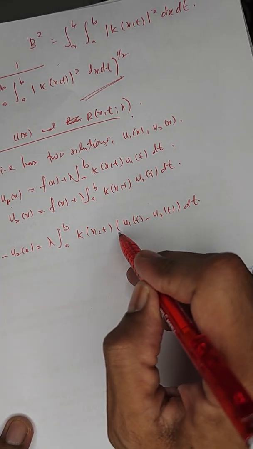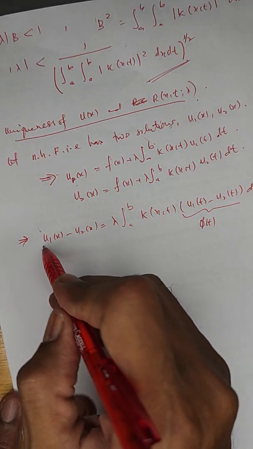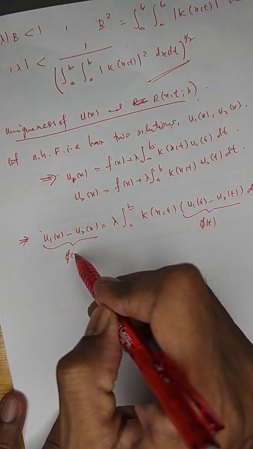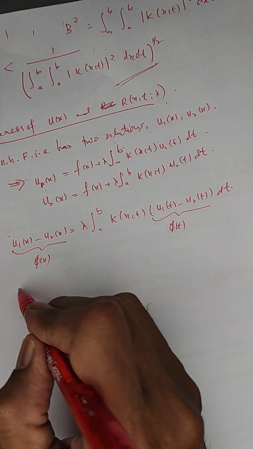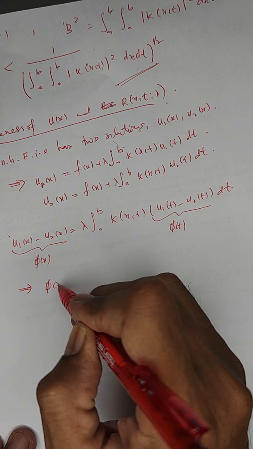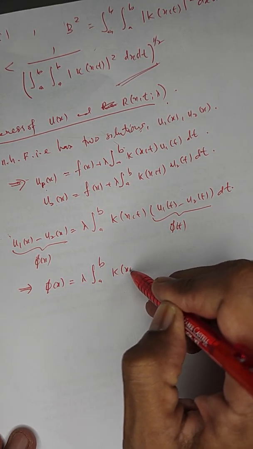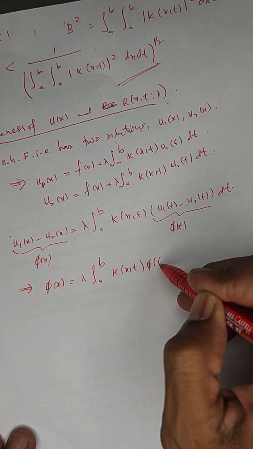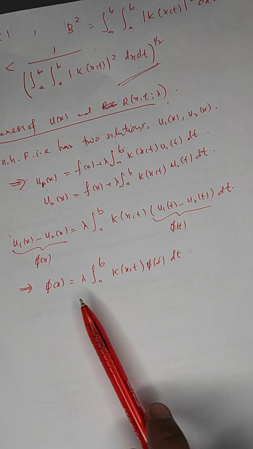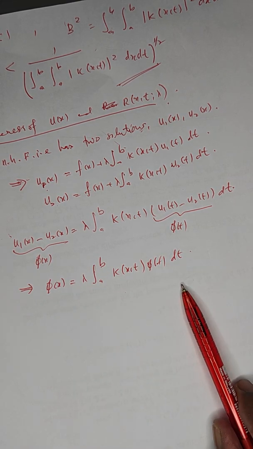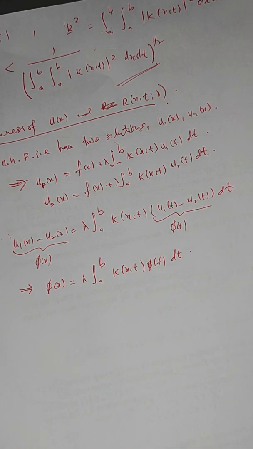I can define this function as phi(t), and therefore phi(x) equals lambda times the integral from a to b of k(x,t) phi(t) dt. If you recognize, this is the homogeneous Fredholm integral equation.